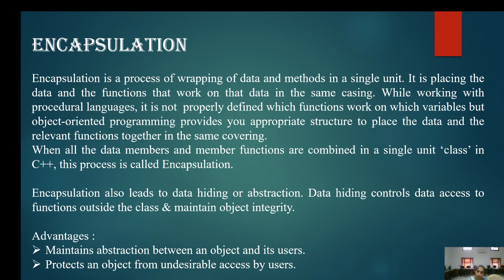We can authorize different users for data handling. So in that way, we can hide our data from unauthorized users. Advantages of encapsulation: it maintains abstraction between an object and its users, and it protects an object from undesirable access by users.